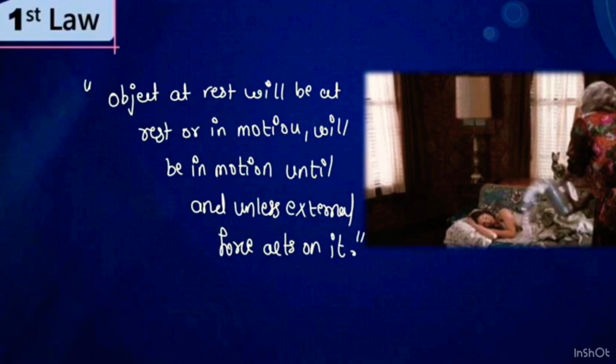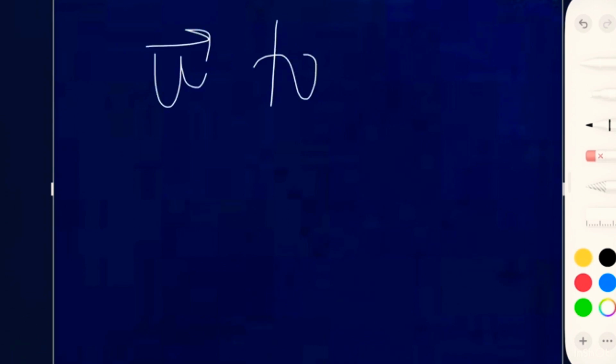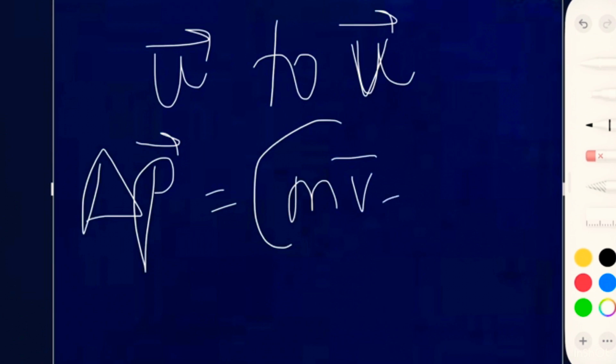If a body of mass m changes its velocity from u bar to v bar, then the change in the momentum, delta P bar, is equal to m v bar minus m u bar. The momentum and the change in momentum both have the same direction.